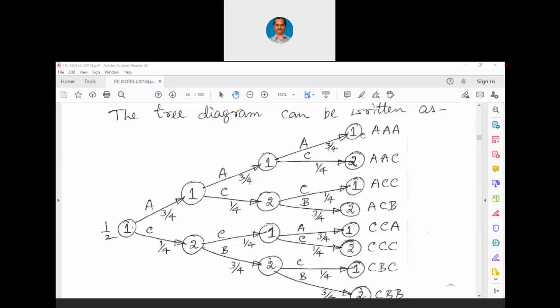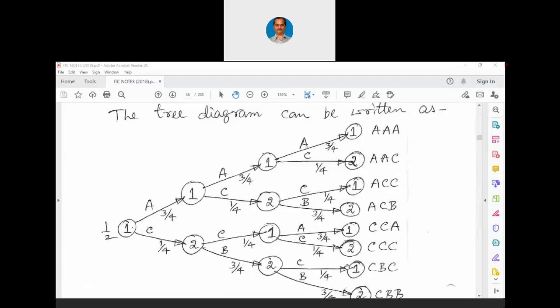Now you can see in each emission of symbols, let us say from state 1 it is going to state 1, A is emitted, again state 1, A is emitted, again state 1, A is emitted. Total it is A, 3 symbols emission. In the same fashion, we can write for AAC, ACC, ACB, CCA, CCC, CBC, CBB.